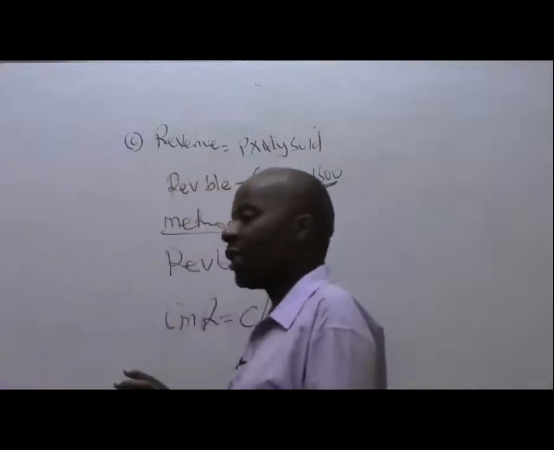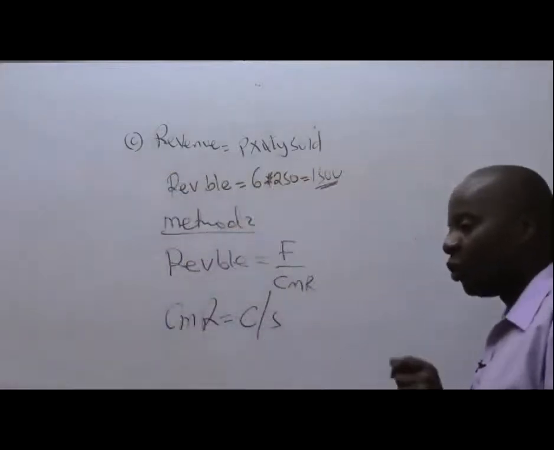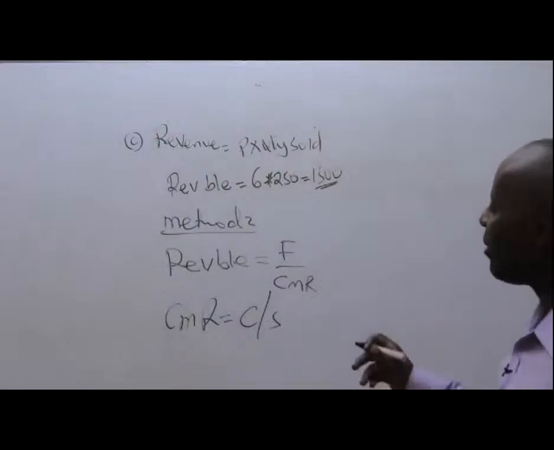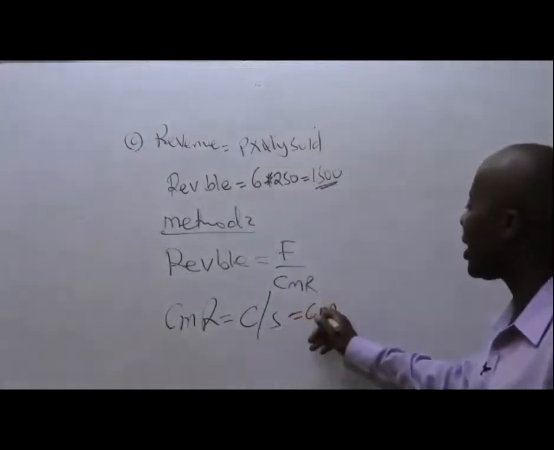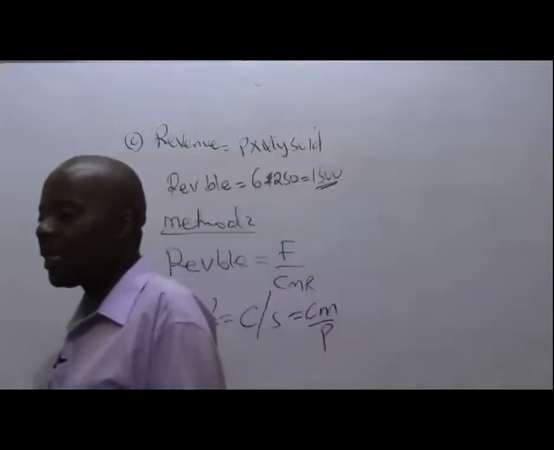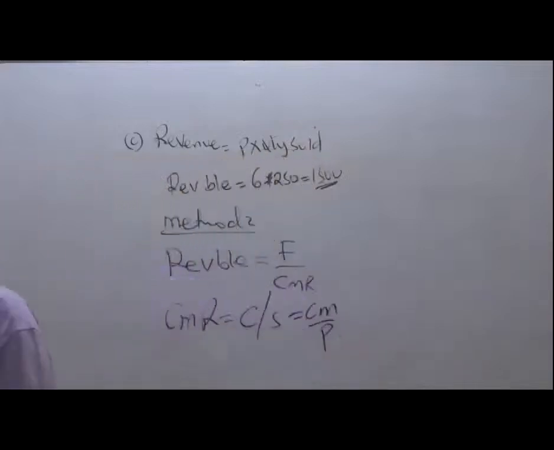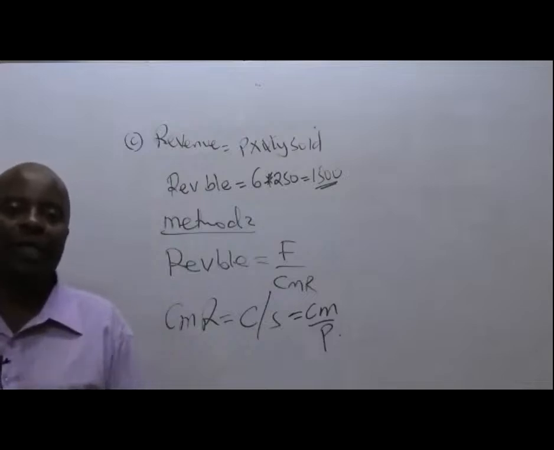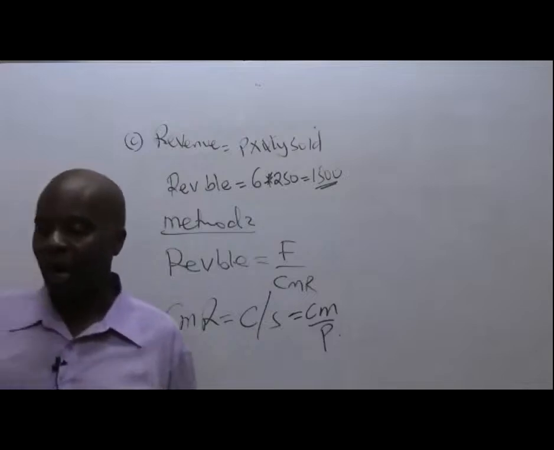The question that I would want to pose to you, greatest students of mine, is how do we get this CMR? To get CMR, ladies and gentlemen, we normally take CM over what here? Over price. CM, which is contribution margin, contribution per unit, divided by selling price.